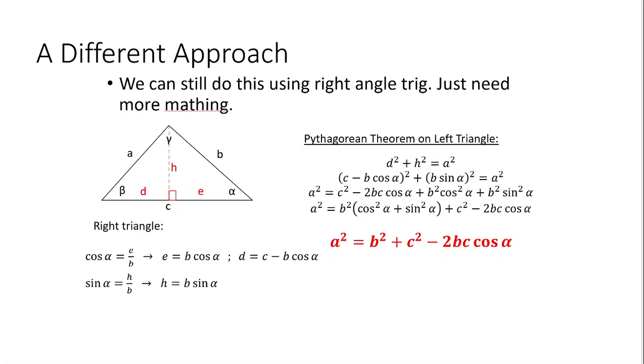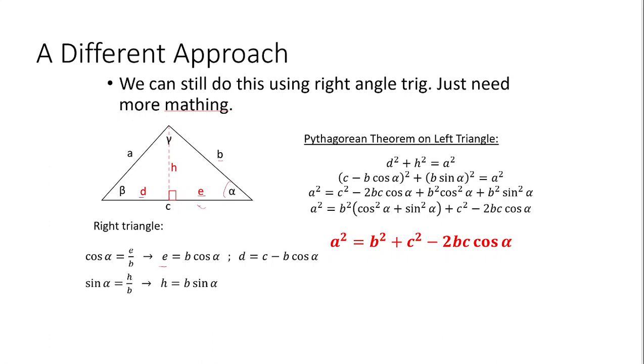Again, this is just a standard oblique triangle. If we drop an altitude from any of the vertices and call that something, in this case h, and then we split up the leg of the side of the triangle that was intersected by that altitude, and we just do some standard right angle trigonometry on one of the triangles. So for example, the cosine of alpha is equal to e, the adjacent side, divided by this hypotenuse b, so e over b.